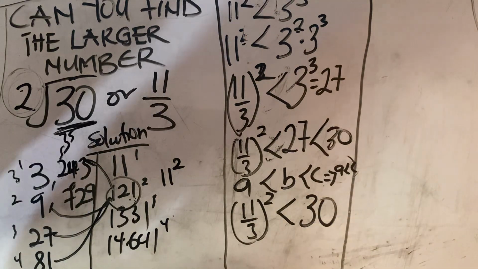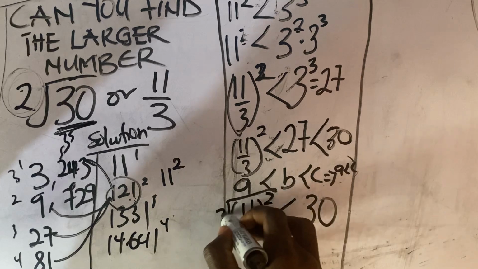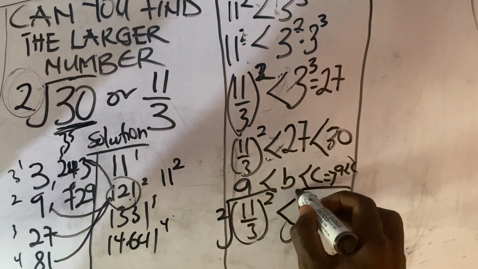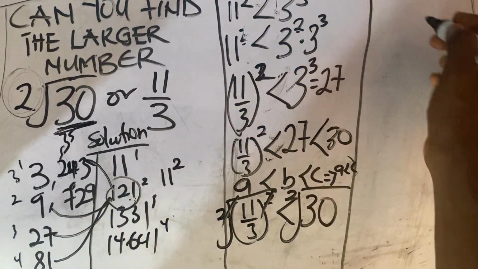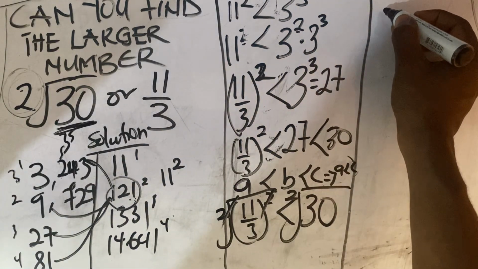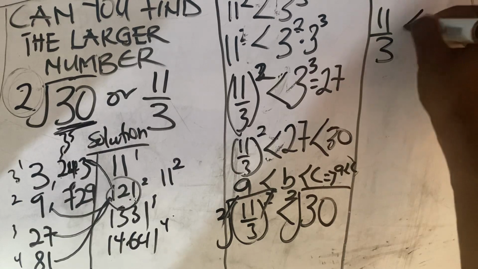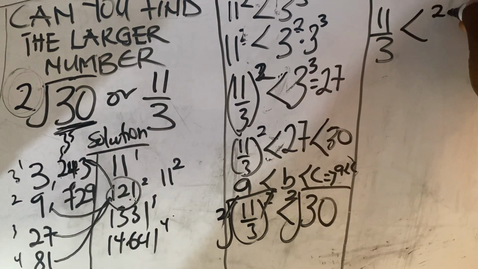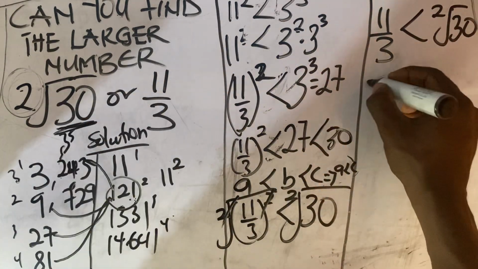Now let's further simplify this. In simplifying this, we put the square root on both sides. This will get rid of that, and from here I could have my 11 over 3 here, which is less than the square root of 30 in this case.